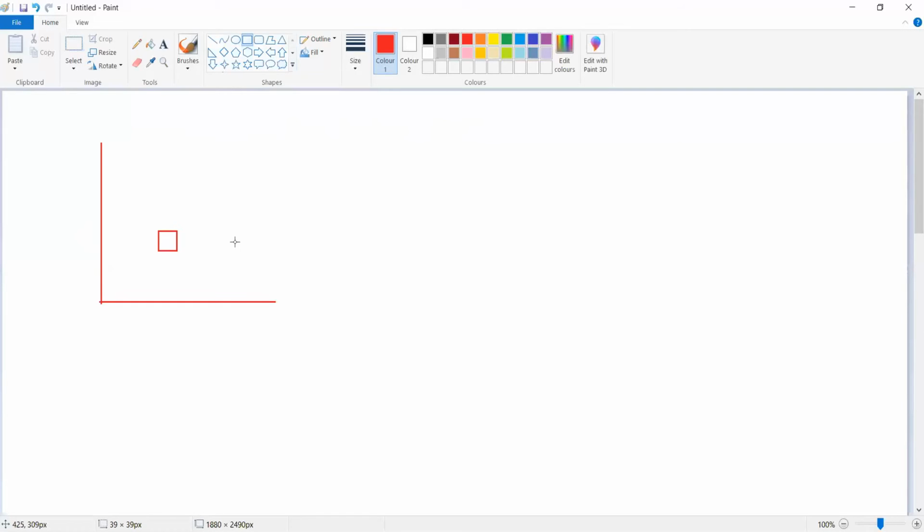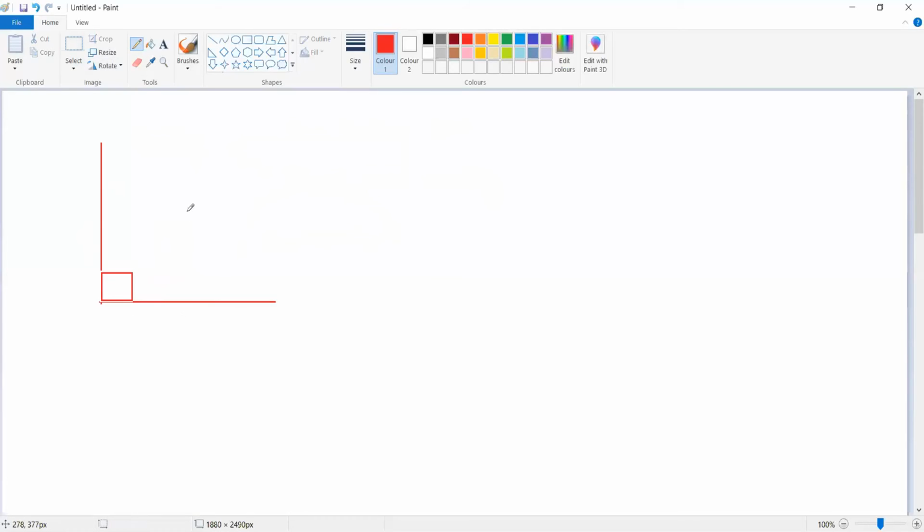So suppose we want to scale this object. Before performing the scaling operation, we will shift this object to the origin. Now if you shift this object to the origin, subsequently all the coordinates of the other points will change.